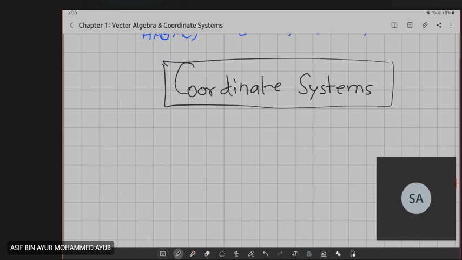Now, as I said before, for a coordinate system, the most important thing is the basis. If you know the basis, you can find any point in the coordinate system. So let's start with the 2D coordinate systems. The most famous one is the one you all know, the Cartesian coordinate system. And we'll also discuss the polar coordinate system.